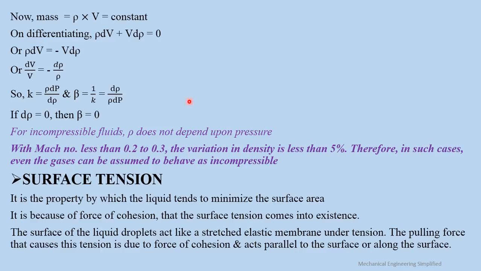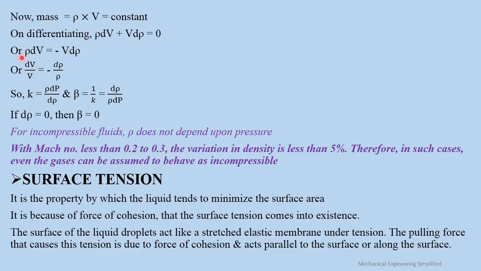Okay, then we have mass. Mass is, you know, density into volume, and that is constant. So on differentiating, what we will get: rho dV plus V d rho equals 0.